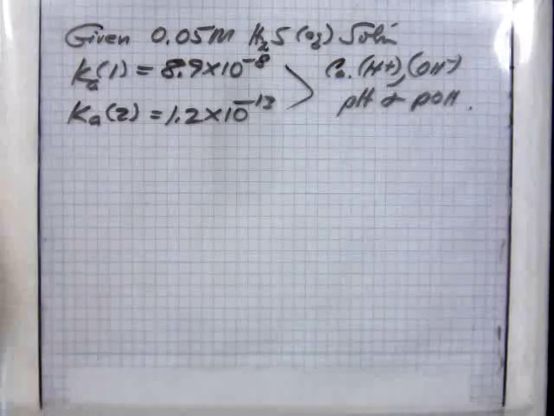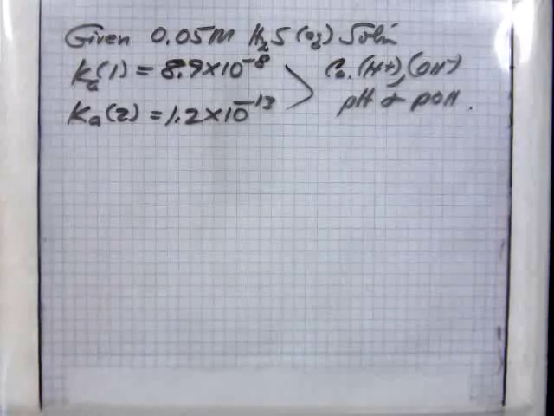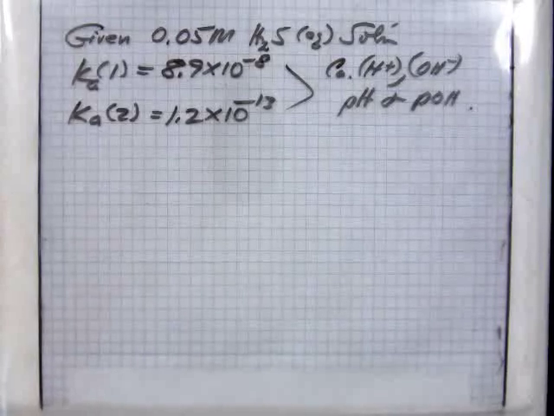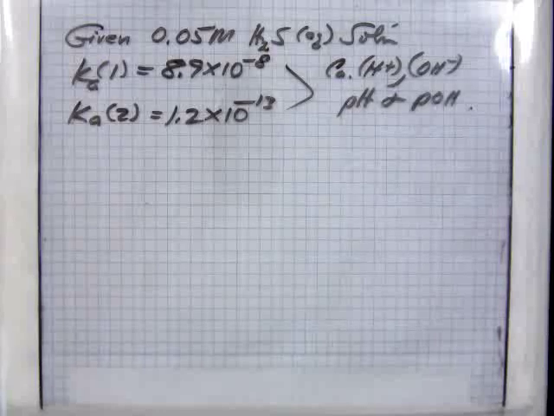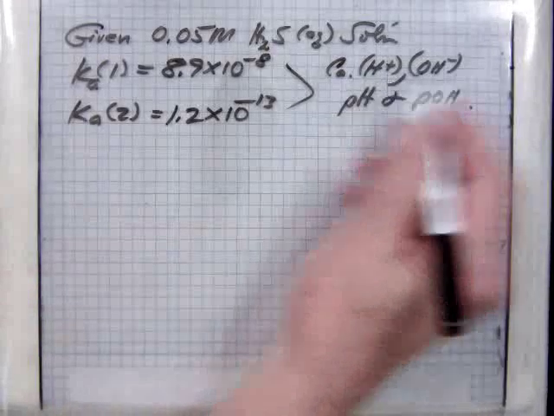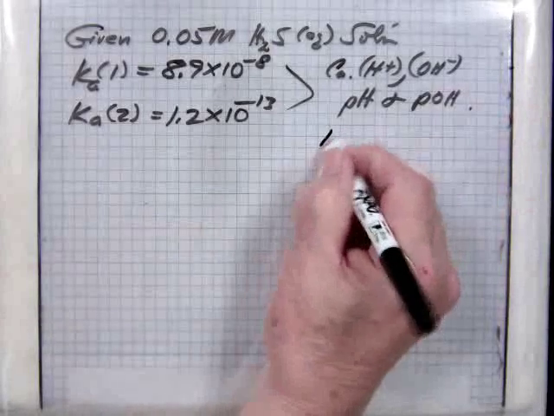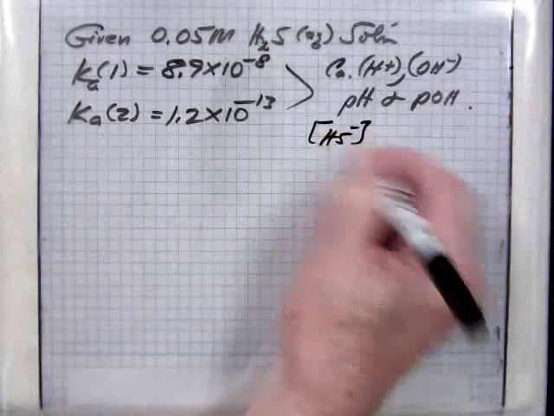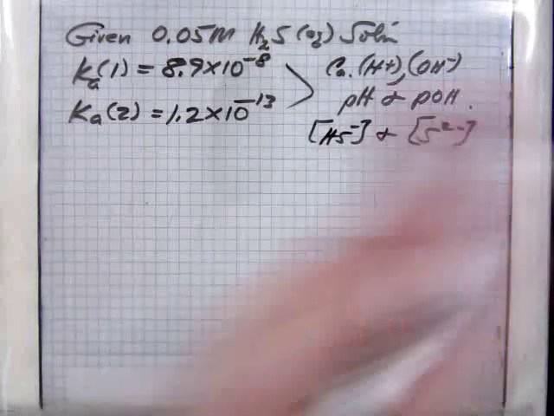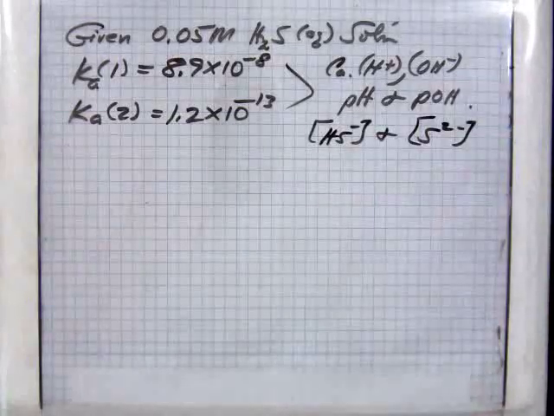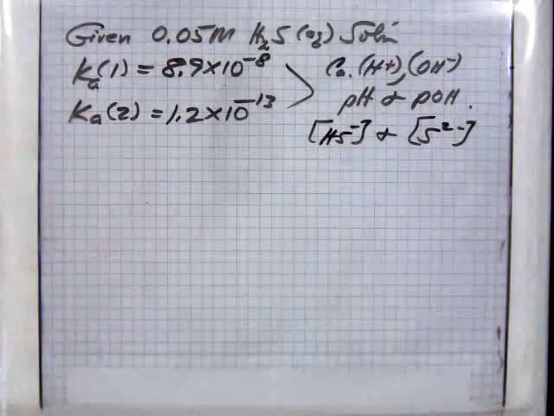Of course, it's a diprotic ionization, so you know it's going to deliver hydrogens from the first ionization, then hydrogens from the second. The idea is to determine the HS minus and S 2 minus concentrations. So that's everything you can calculate in this kind of problem.